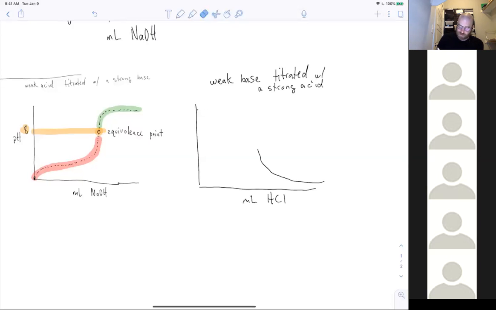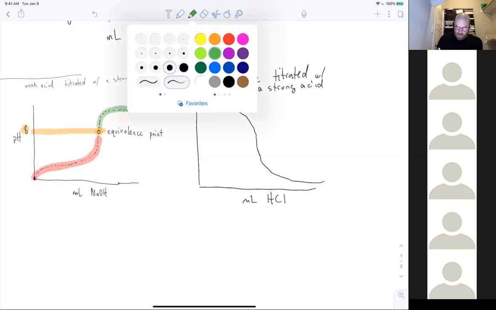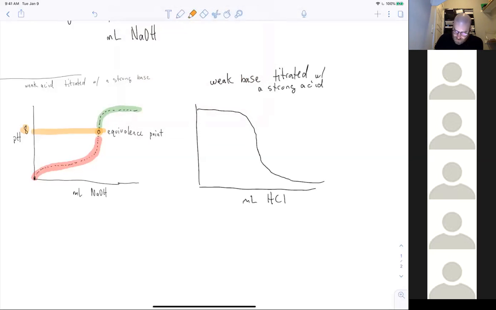That's sort of an unrealistic looking function there. And I really want to get, so the equivalence point would be right there. I don't know that I'm doing a good job, let me try again. Trying to keep it to scale with the other one.